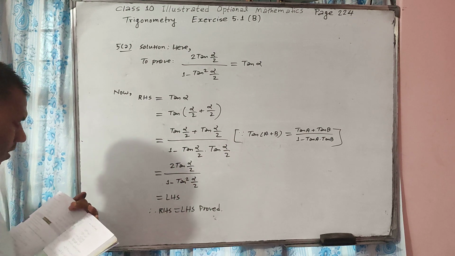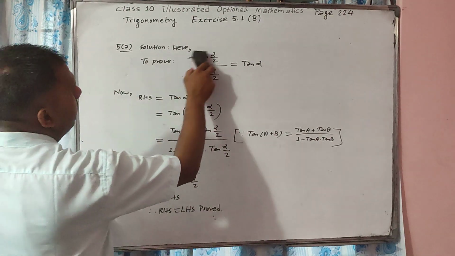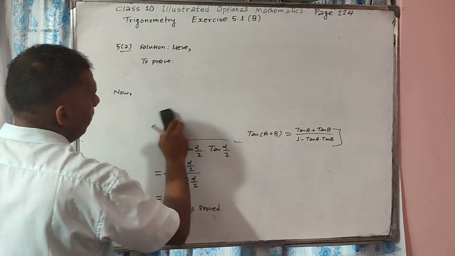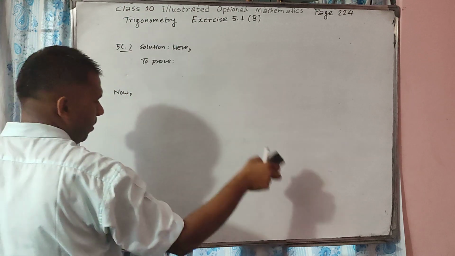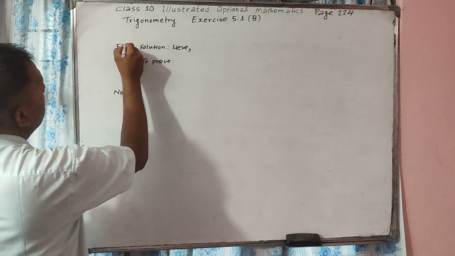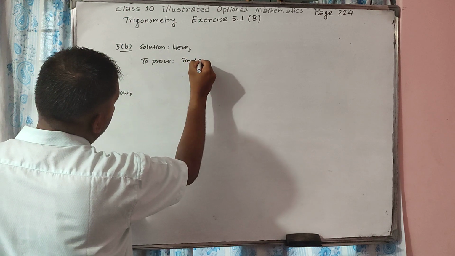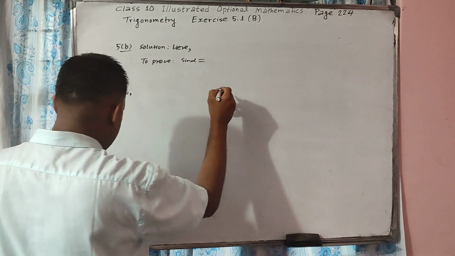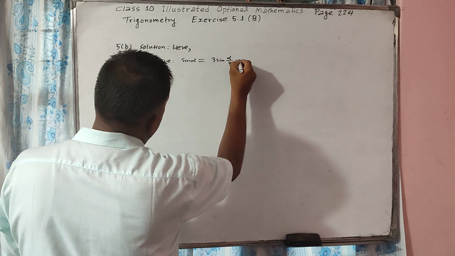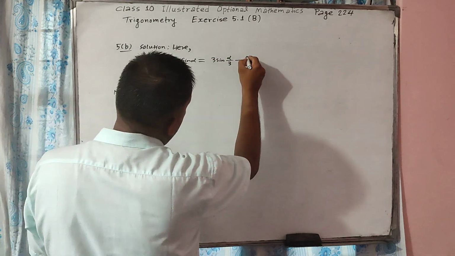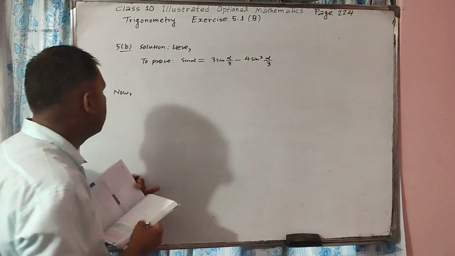Now we go to 5B. On 5B, we have to prove sin alpha equals 3 sin alpha by 3 minus 4 sin cube alpha by 3.